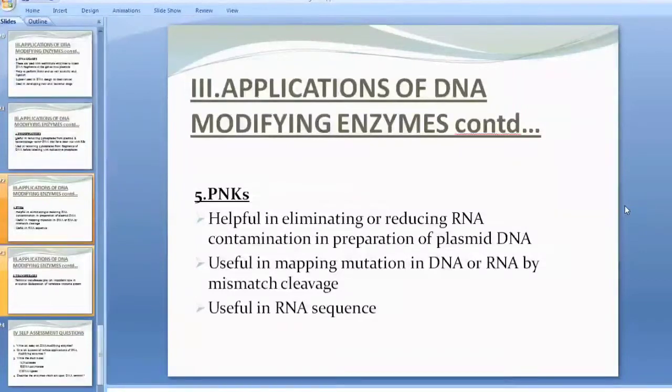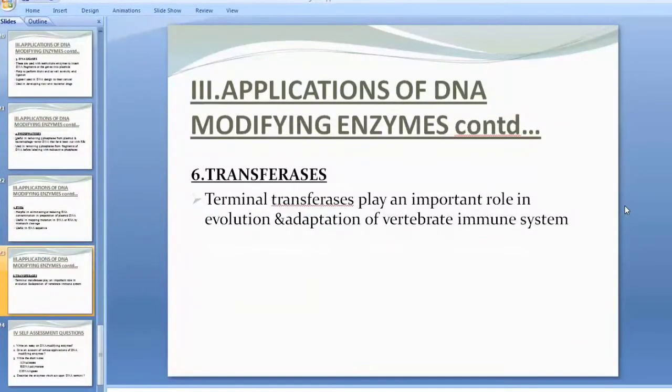And of course, the PNKs are helpful in eliminating or reducing RNA contamination in the preparation of plasmid DNA. They are also useful in mapping the mutations in DNA and RNA. And they are also useful in RNA sequencing. And of course, the last one, the transferases. Terminal transferases play a very important role in evolution studies and adaptation of vertebrate immune system.